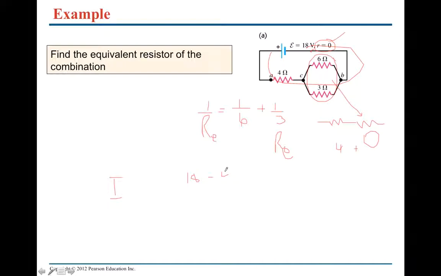I'm going to do this very quickly. 1 over 6 plus 1 over 3 is 1 plus 2 divided by 6, so 3 over 6, which inverted is 2.